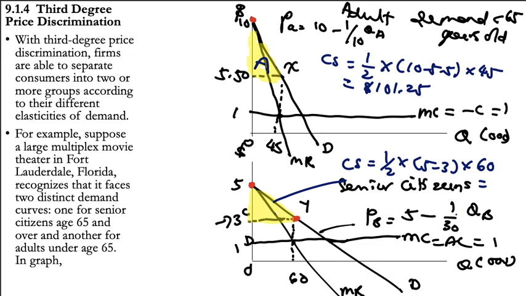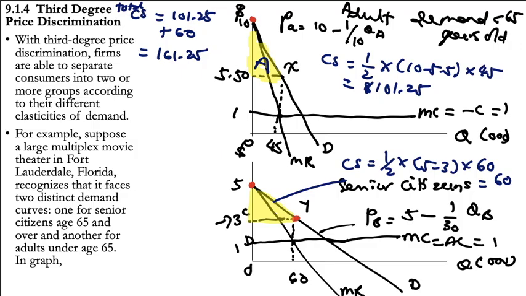You're going to get 60 as well, isn't it? Yes, 60. Okay, so the total consumer surplus for both graphs after the discrimination happens is 101.25 plus 60. That gives us 161.25.